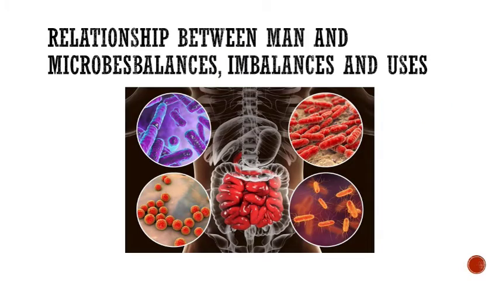Relationships between man and microbes: balances, imbalances, and uses. Thousands of bacteria, fungi, and other microbes that live in our gut are essential contributors to good health. They break down toxins, manufacture some vitamins and essential amino acids, and form a barrier against invaders.